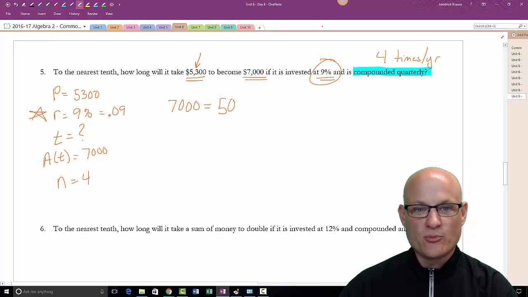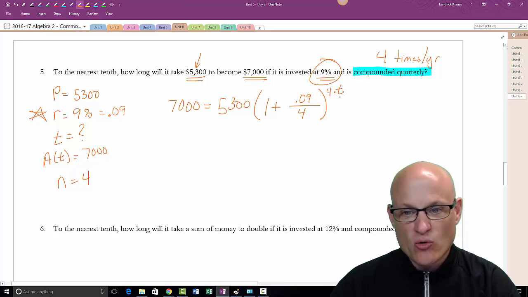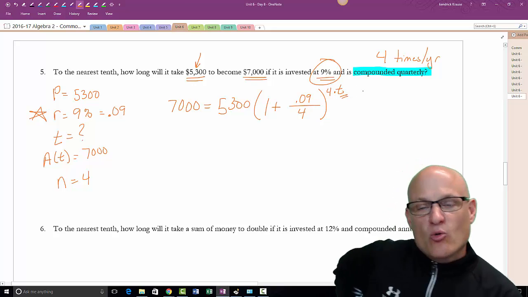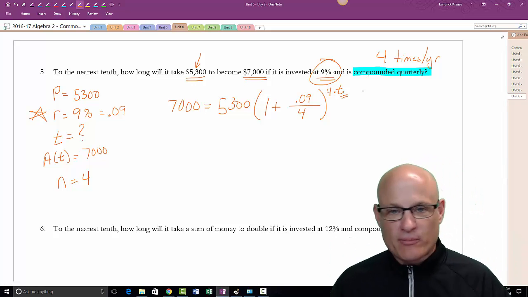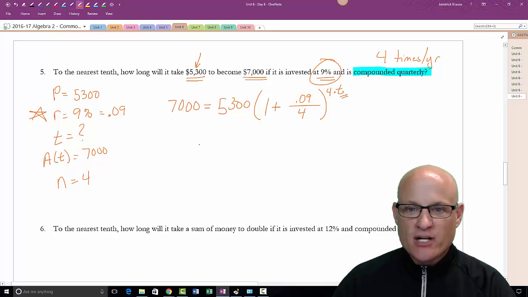So 5,300 times 1 plus the rate over 4, so 0.09 over 4, to the 4 times t. Again, I don't know what t is. And when you don't know an exponent, you know you're going to be using exponential or logarithmic functions in order to solve it.